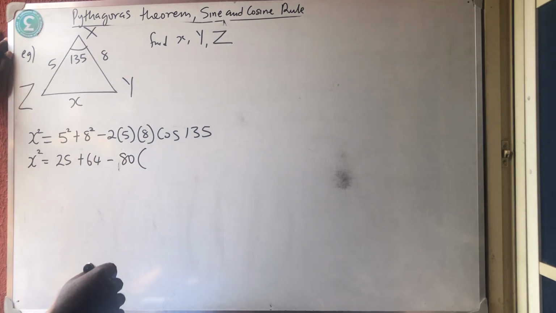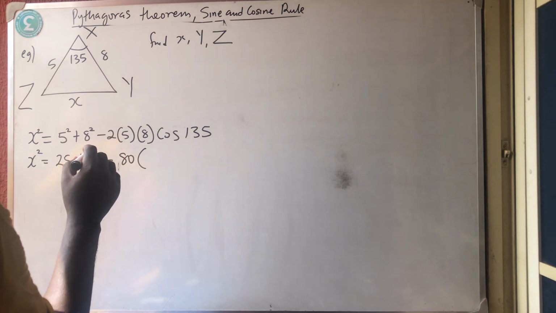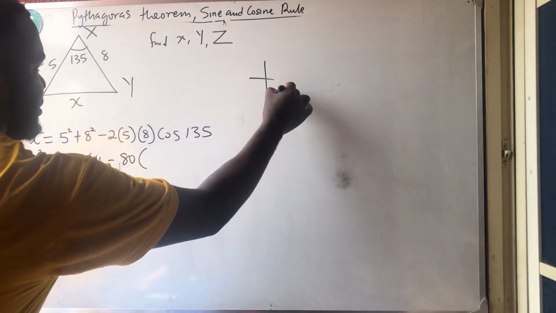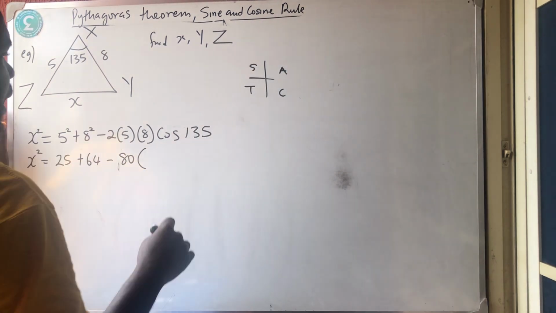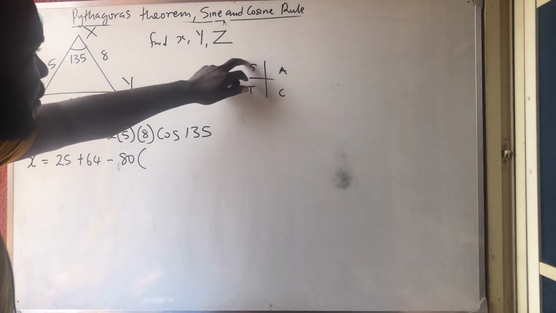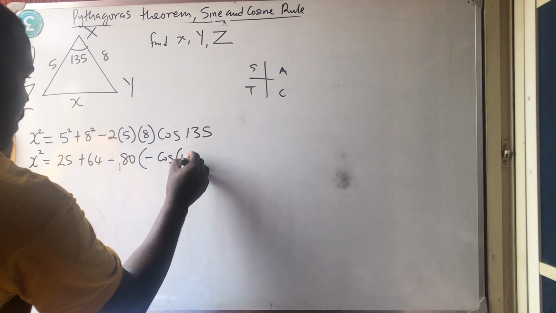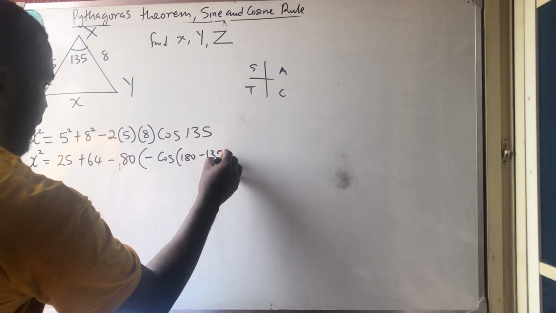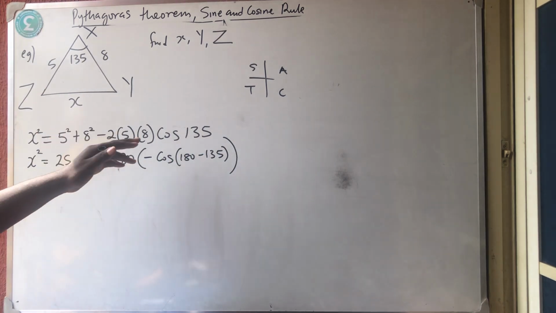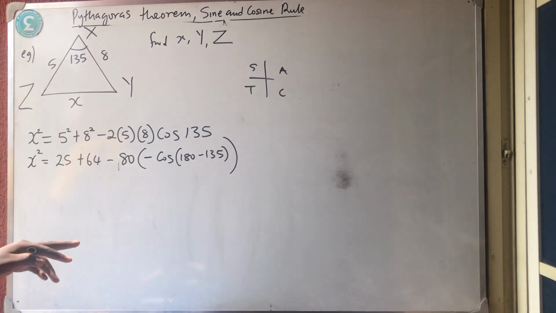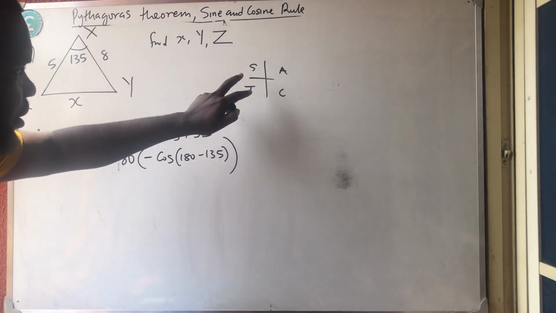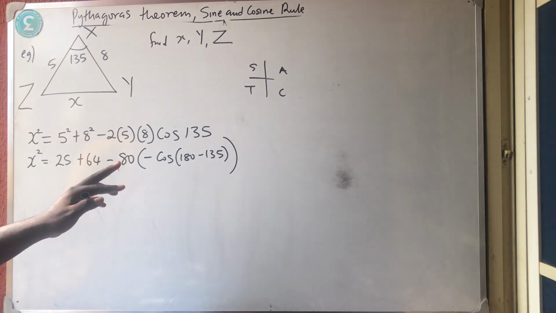80 bracket. Cos 135 is something as saying CAST, C-A-S-T, and 135 is second quadrant. So it's something as saying minus cos of 180 minus 135. I hope you understood how I got this. I want to take it back to first quadrant, and it was originally in second quadrant, and only sine is positive in second quadrant.